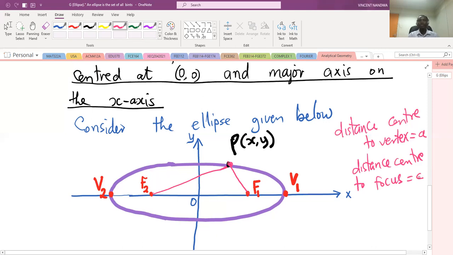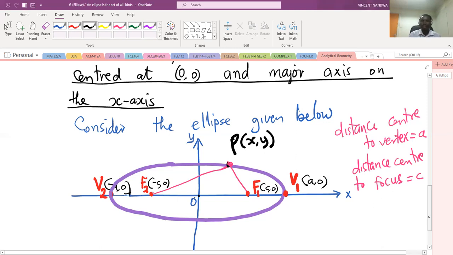That's the convention we use. By that convention, the coordinates of point F1 will be (c, 0), because from the center to this point is c units. Here we'll have (a, 0), and here we'll have (-c, 0), because now it's c to the left, and here we'll have (-a, 0).